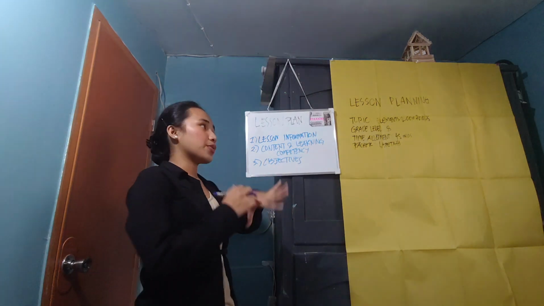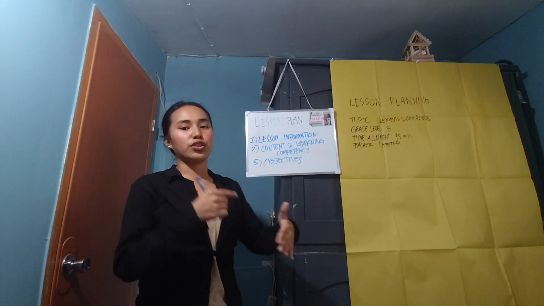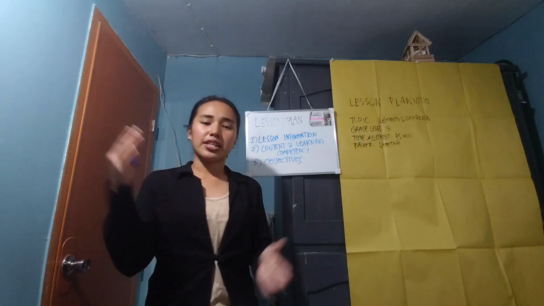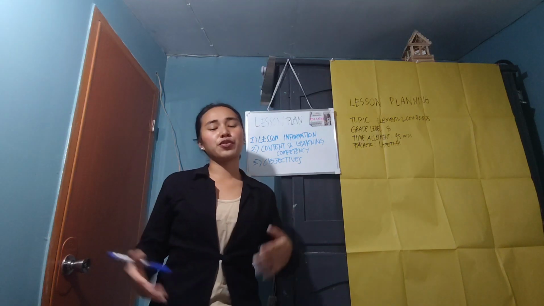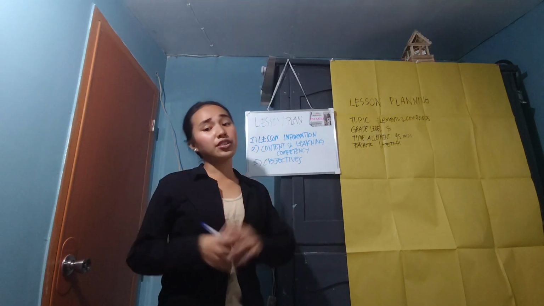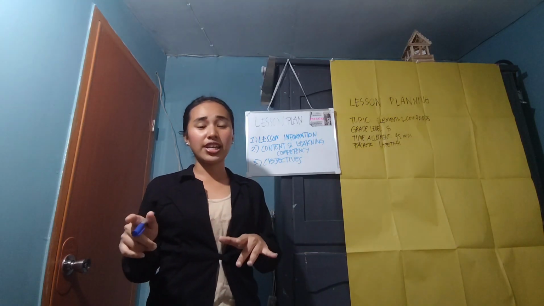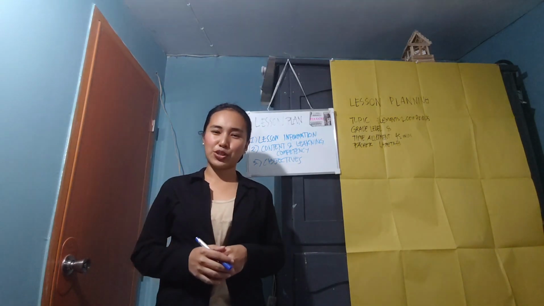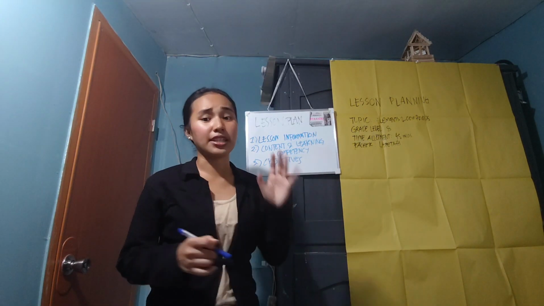First, the students should be able to differentiate elements and compounds. Second, the students should be able to demonstrate appreciation for the importance of understanding elements and compounds in real life situations. And third, the students should be able to identify pure substances as elements and compounds.